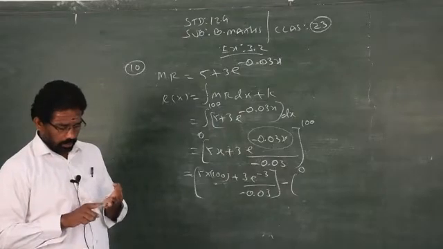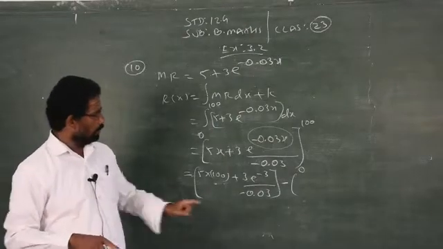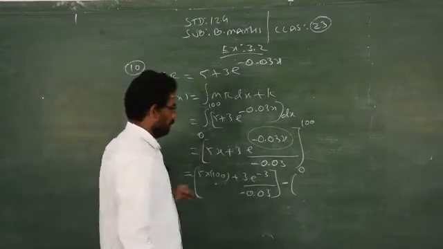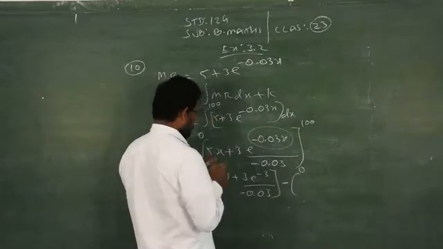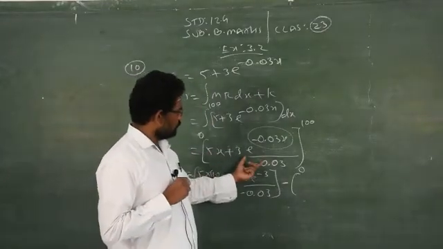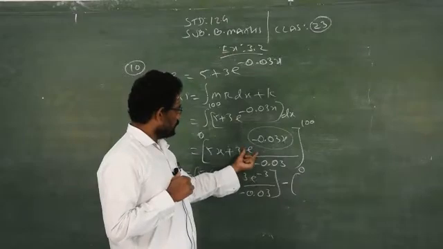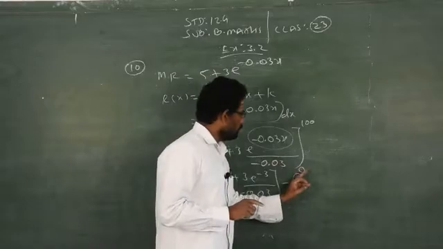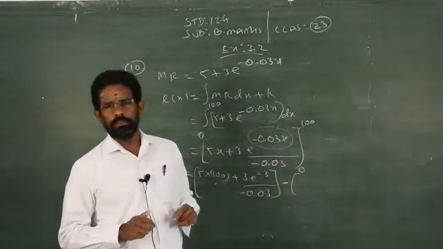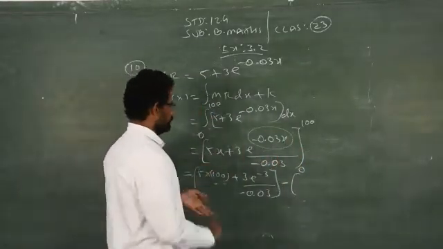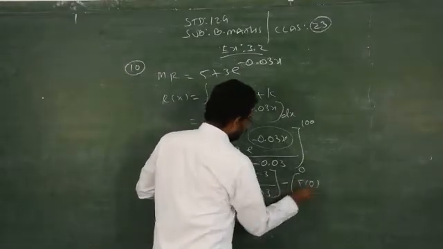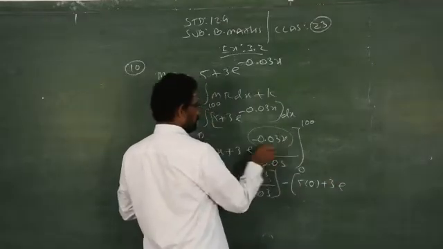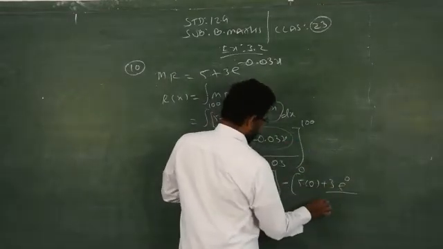In the case of ratio, exponential, logarithm, be careful. When the integration is in terms of logarithm, exponential and ratio, please don't leave the zeros as it is like a normal polynomial. Clear? Be careful. So if the result of the integration is in exponential form, logarithmic form or ratio form, please replace x by 0. Don't leave it as it is like algebraic expressions. So now 5 into 0 plus 3 e power, when I am replacing x by 0, 0 and anything is always 0.